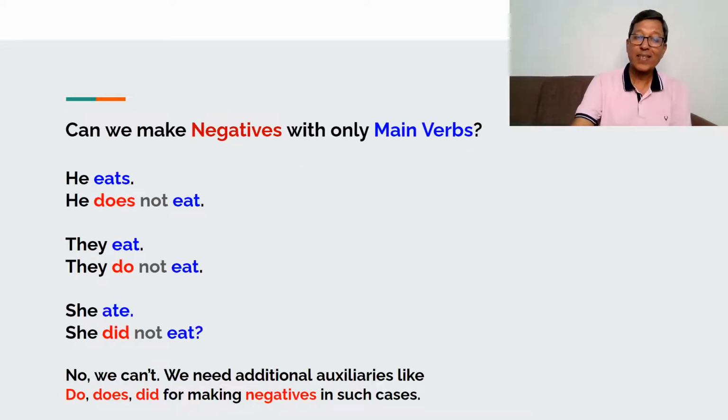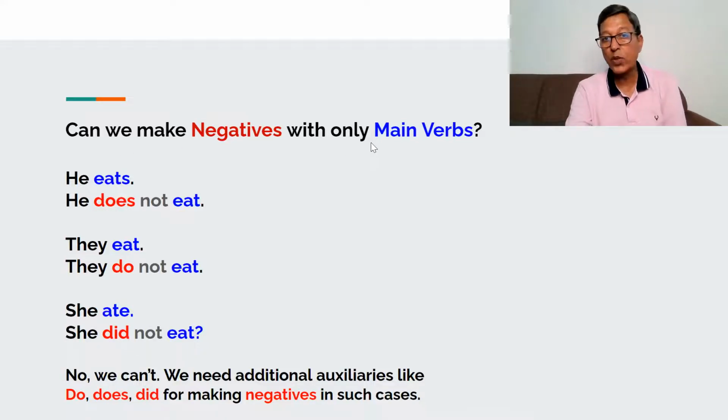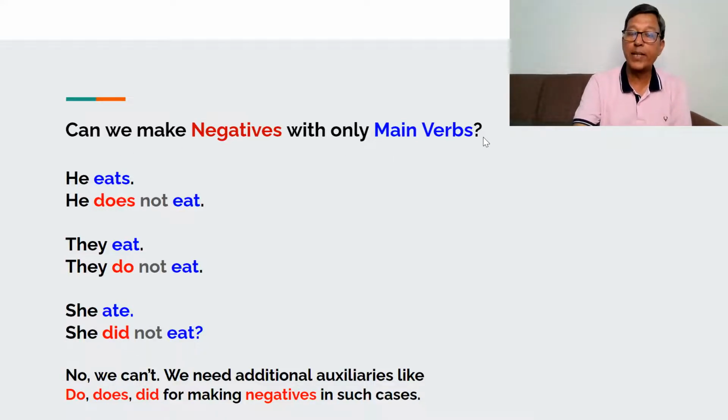Now, next. Now the question is, can we make negatives with only main verbs in the sentences? Let's have a look at examples. He eats. It has only one verb, the main verb. There is no auxiliary. How do we change it into negative? And the negative is here. He does not eat.